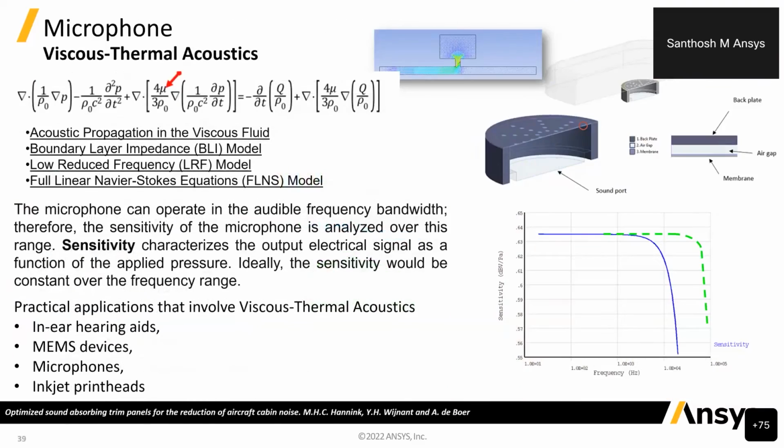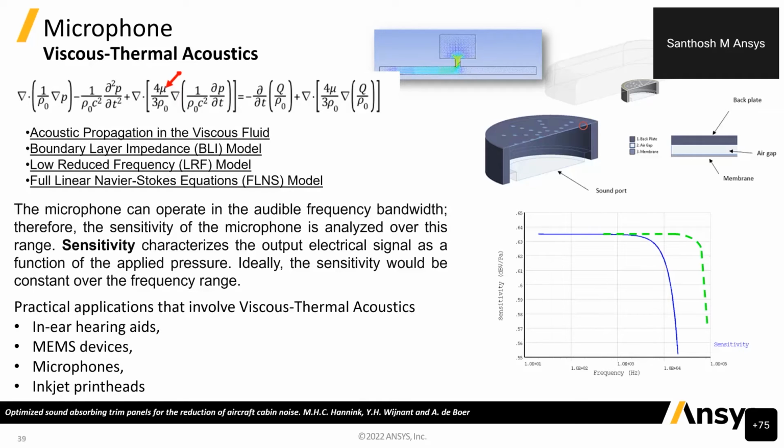And when the acoustic waves are propagating through small channels, typically what we see in the speakers in our cell phones, or the microphones or the hearing aids, when the flow goes through a small channel, due to the high shearing effect of the fluid, a lot of heat is generated, where viscosity plays an important role in making sure the performance of this kind of miniature device is good over a large frequency range.